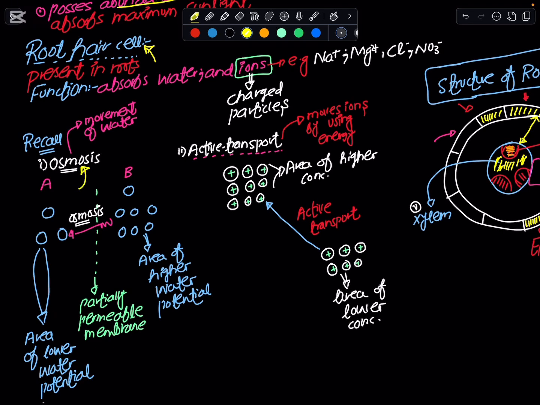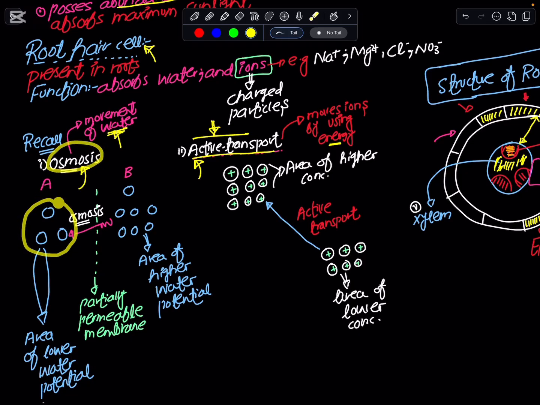One is osmosis and the other one is active transport. For osmosis, the word that should click in your mind is that it involves the movement of water. The word active transport means that we move ions using energy as well. So see for yourself that in osmosis, area A has fewer water molecules and area B has more water molecules.